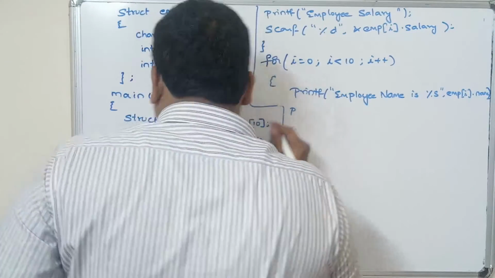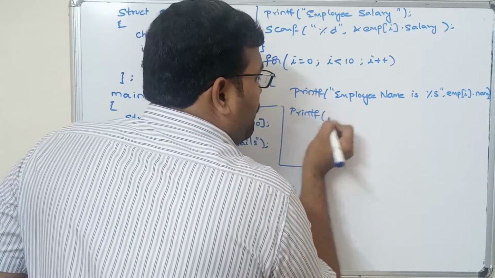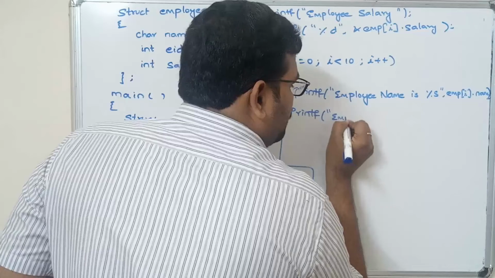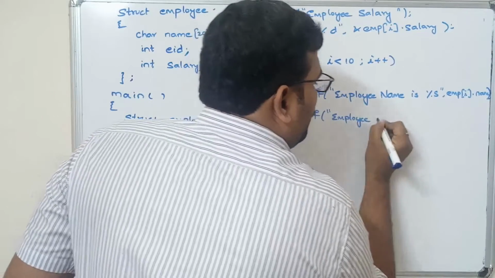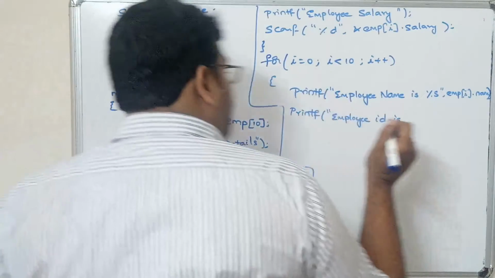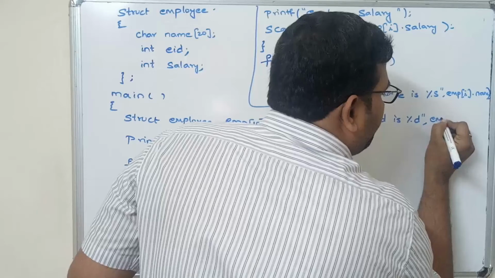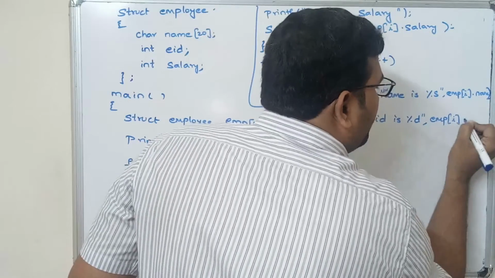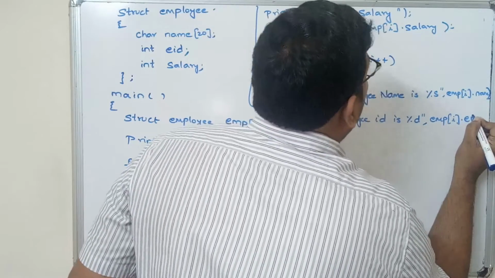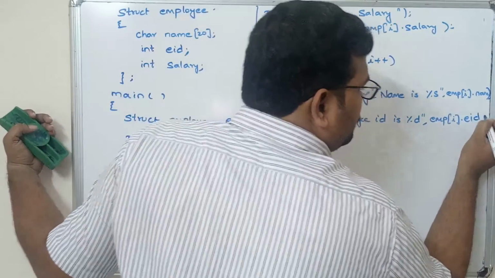Next, printf employee ID is %d, EMP of I dot. So what is the variable name? EID.